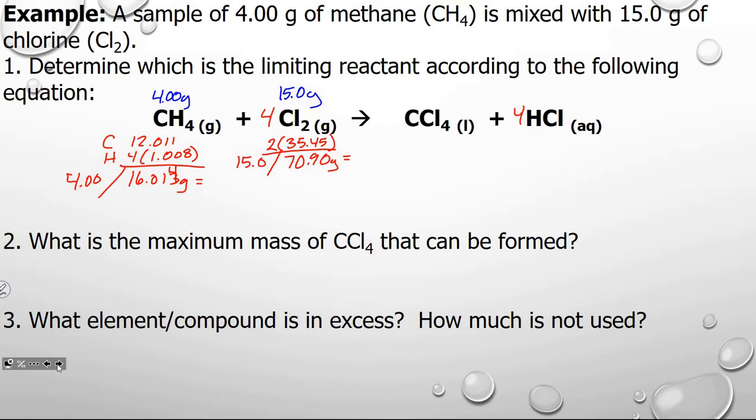So 4 divided by 16.014 gives me 0.24, actually 0.250 moles. Okay, if I take 15 divided by 70.90, I end up with 0.212.